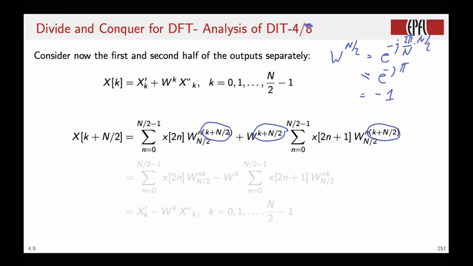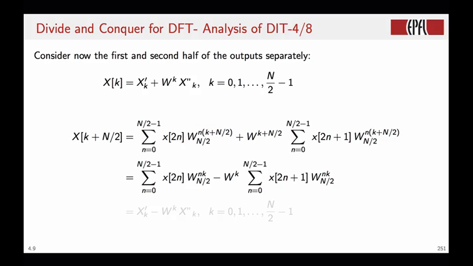And because of this, we can go to the following simplifications. So in front we have an N/2 here that is at the power of W_{N/2}. Okay, so there we remember that this is equal to 1. We saw this at the very beginning. So this thing disappears, and the first half here is very simple.